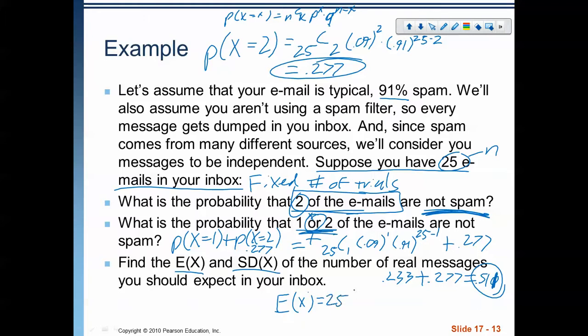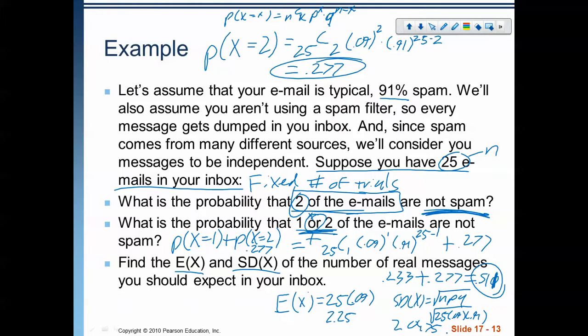That's 25 times 0.09. So that is 2.25. And then my standard deviation is the square root of npq, which is 25 times 0.09 times 0.91. And I get 2.0475.